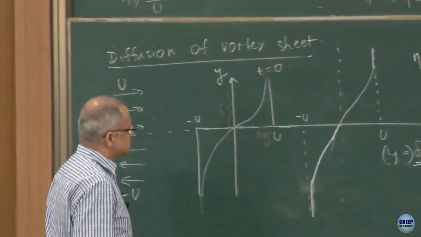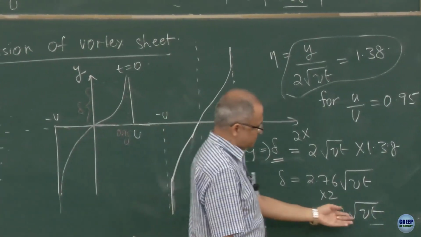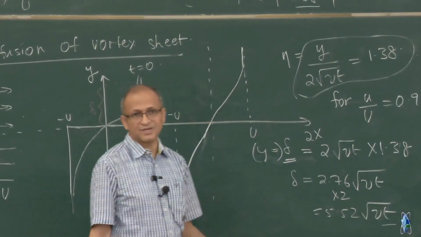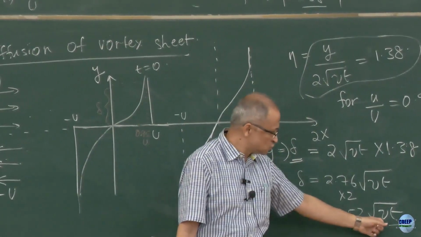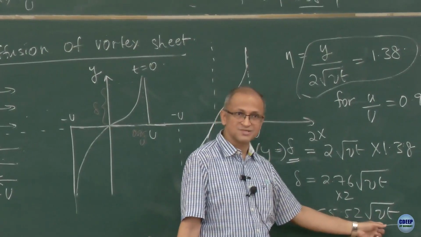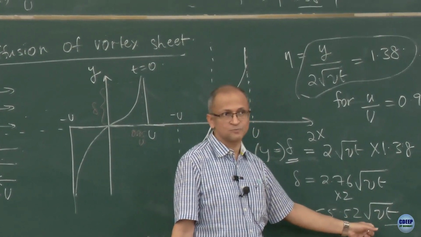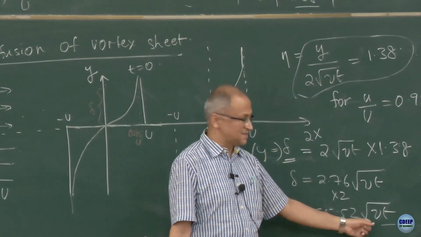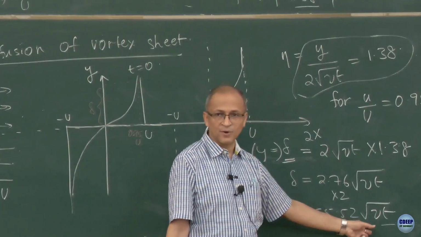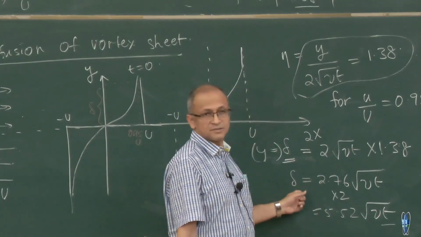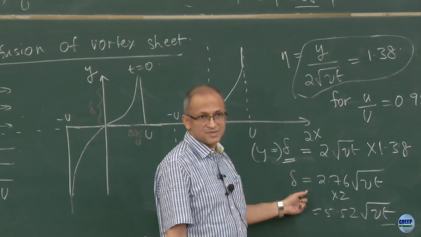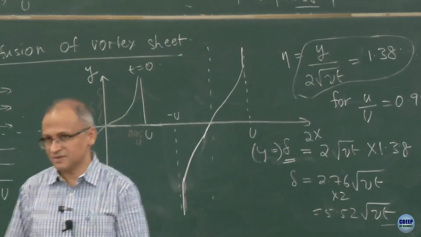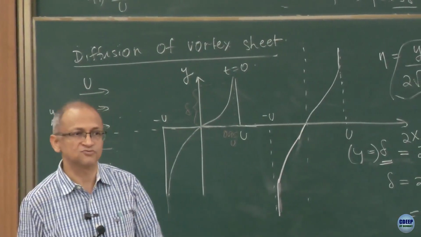Okay. Now, the second part of the midsem question was to look at viscosity being changed by a factor of 100. So you can see that the thickness depends on both the viscosity as well as the density of the fluid, because both these parameters are in this new parameter. So if I change either the viscosity or the density, this delta would change. In the other case, my viscosity was increased by a factor of 100, and these numbers were chosen so that you don't have to use a calculator.